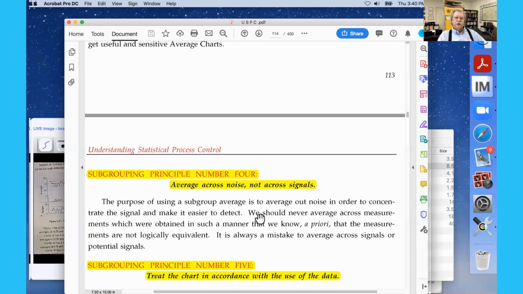Rational subgrouping is an art. Now, when you're talking about a chart for individual values, you need values that are logically comparable. You've got to be apples to apples, not apples to oranges. Well, that's rational subgrouping.